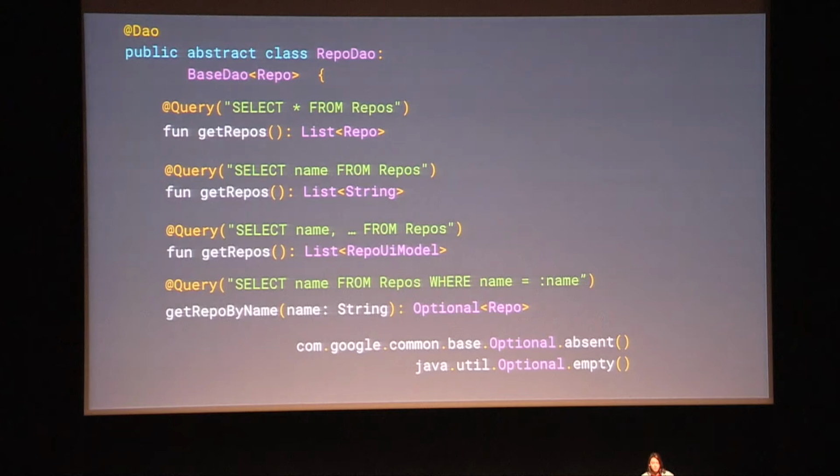Even more, in the latest releases, we've also added support for Guava optionals and Java util optionals. So this means that if the element does not exist, so if the query would return empty results, your optional will just return either absent or empty, depending on which optional you're using.